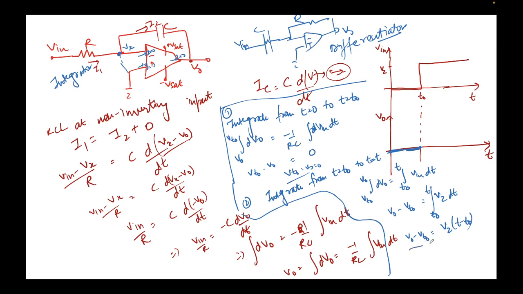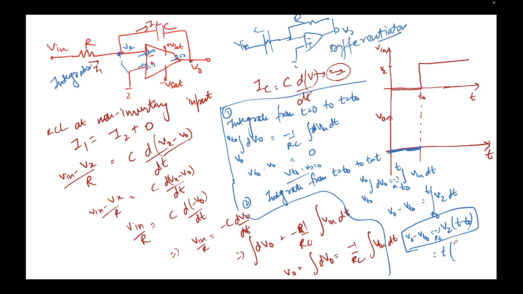Note that this is a straight line. This is an expression for a straight line. Sorry, there's minus 1 by RC also, minus 1 by RC, right? So what we should get is a negative slope. Just check the term of t.